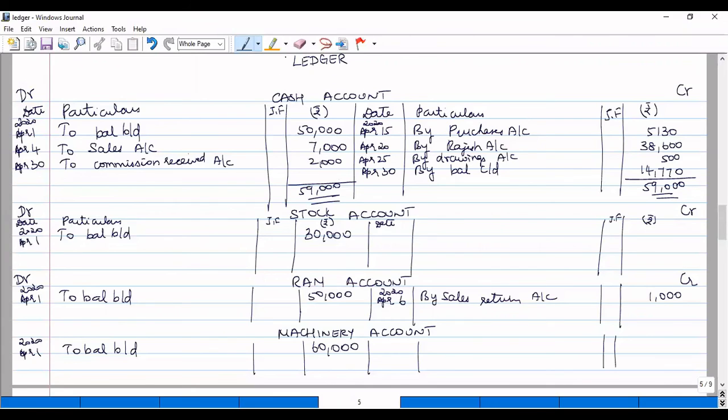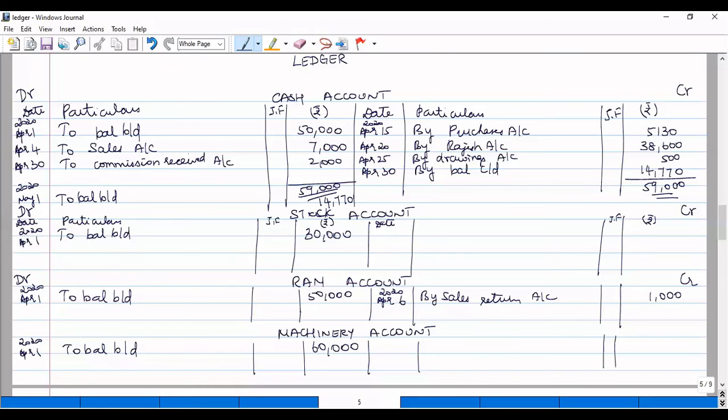On May 1st 2020, to balance brought down 14,770. Right, now coming to the stock account.